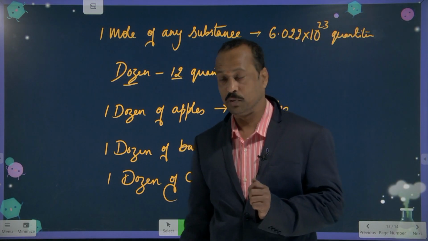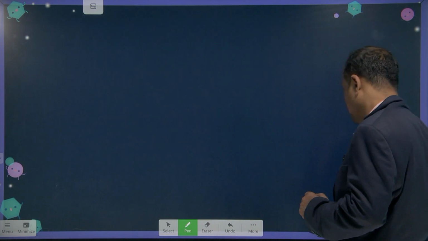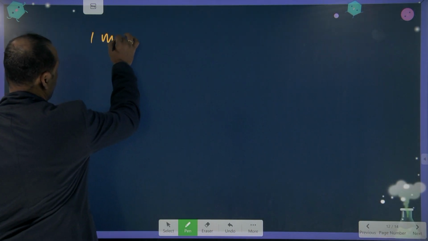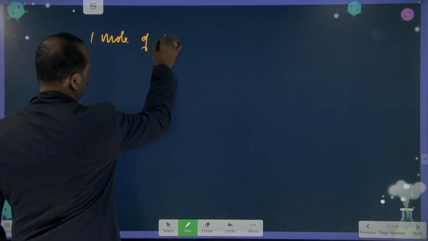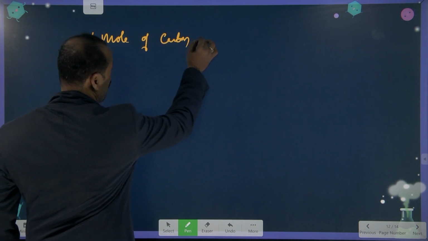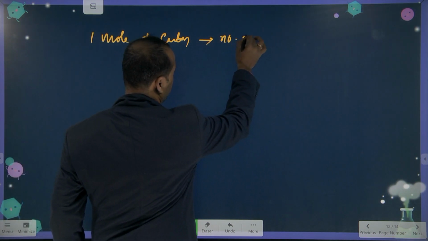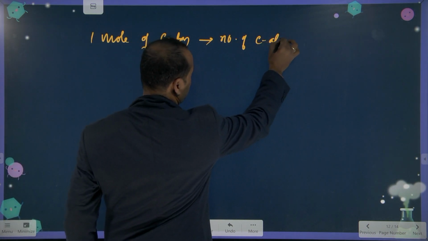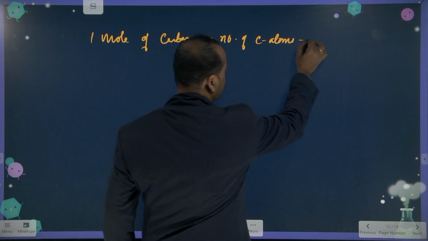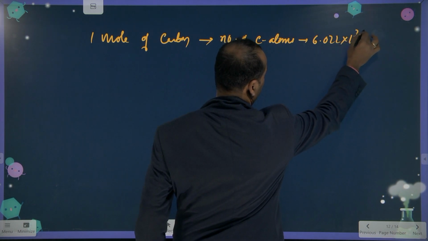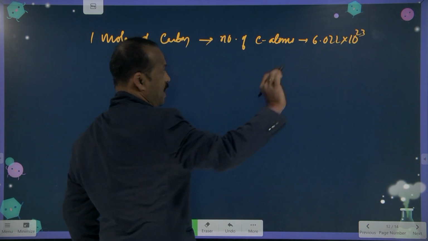Okay, so the meaning is, for example, if you are taking 1 mole of carbon, how many carbon atoms are there? The number of carbon atoms is 6.022 into 10 to the power of 23. Yes or no? Carbon atoms.